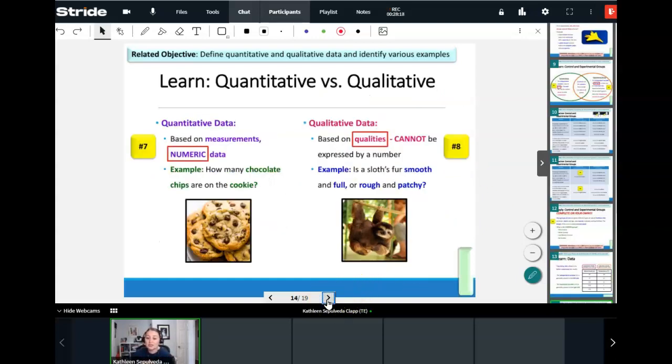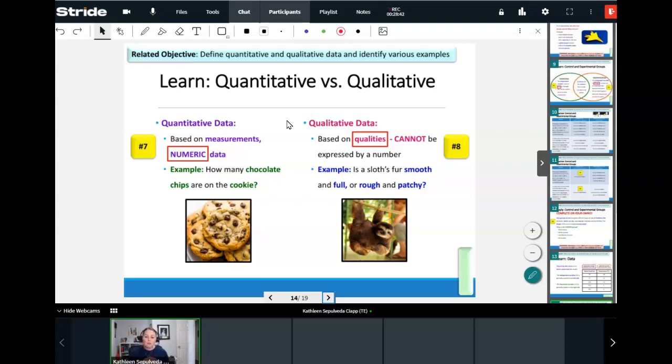Well, this is going to talk about quantitative versus qualitative. Quantitative data is based on measurements, numeric data. Anytime you have a number or are going to speak a number, it is going to be quantitative data.